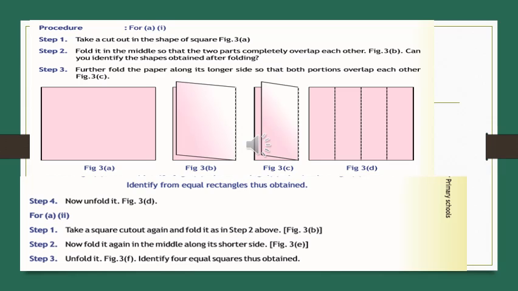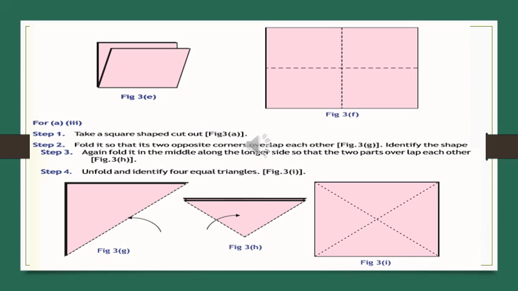In this way you have to do the remaining ones and then paste this page on the activity paper. In the previous folding we got the 4 rectangles. Now to get the squares we have to fold it in the middle. See here, and then you will get the 4 squares.